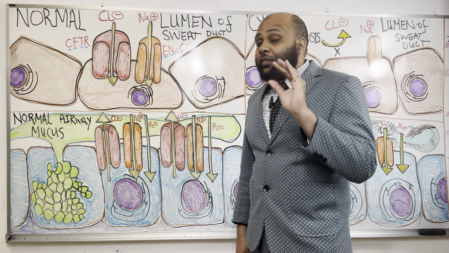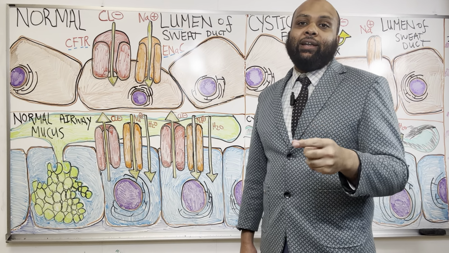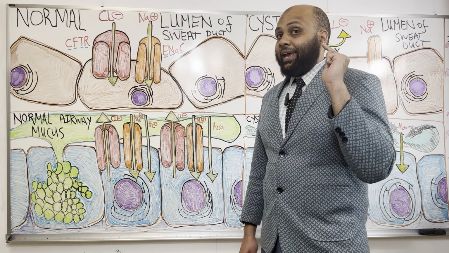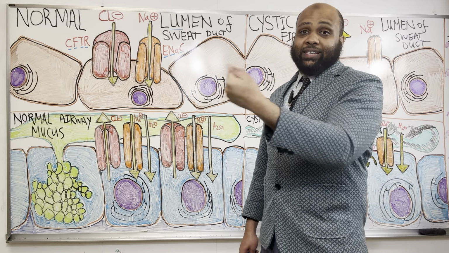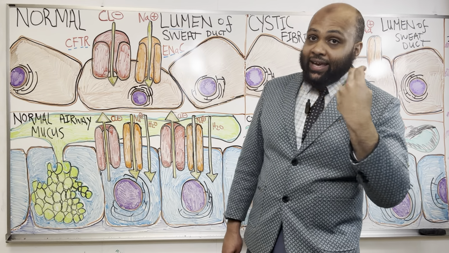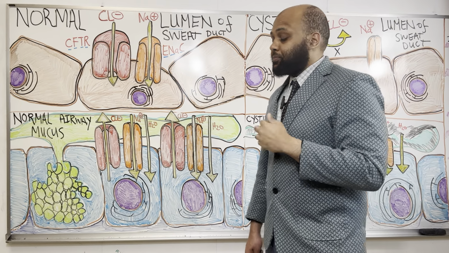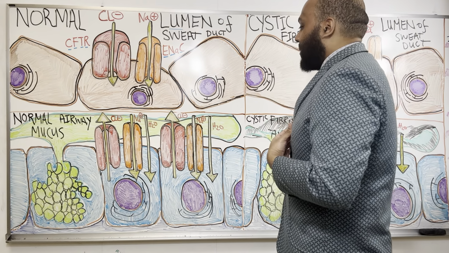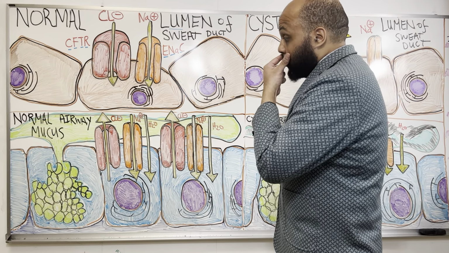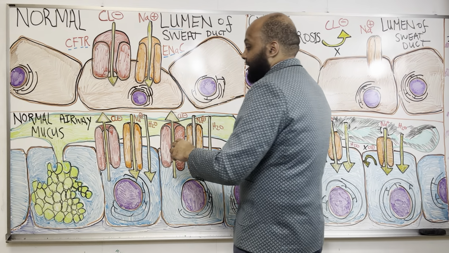That is very important for you to understand: only in the sweat gland do we have chloride coming in with sodium, but in the airways, sodium still comes in, is reabsorbed, but chloride is not coming in with sodium. It is thrown out in the opposite direction, to the lumen.